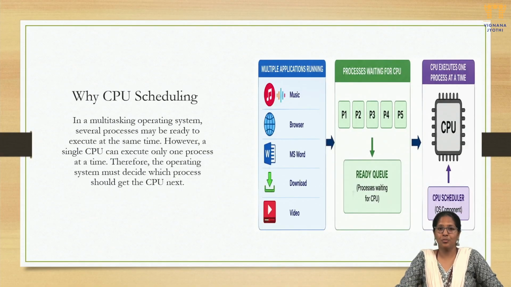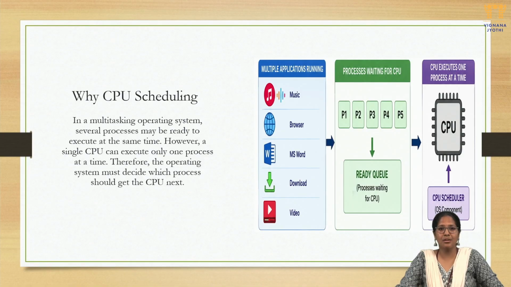Now that we understand what CPU scheduling is, the next question is, why do we need CPU scheduling? Let us consider a computer that is running multiple applications at the same time. For example, you may be listening to music, browsing the internet, downloading a file, and editing a document simultaneously. Although many applications appear to run at the same time, they all require CPU time to execute their instructions. Now imagine that all these processes become ready to execute at the same moment.